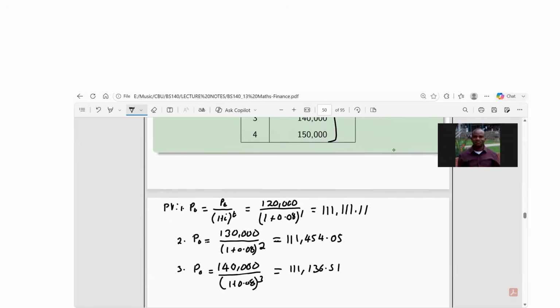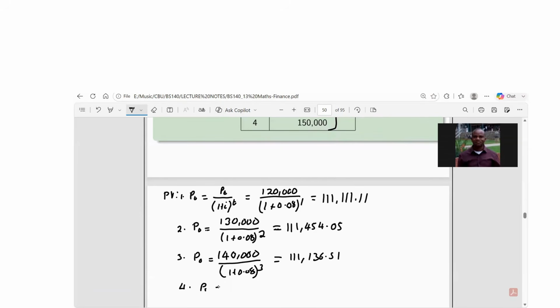Then in year 4, P naught is equal to 150,000 over 1 plus 0.08 to the power 4. On my calculator, 1 plus 0.08 gives 1.08, then to the power 4 I get 1.36.